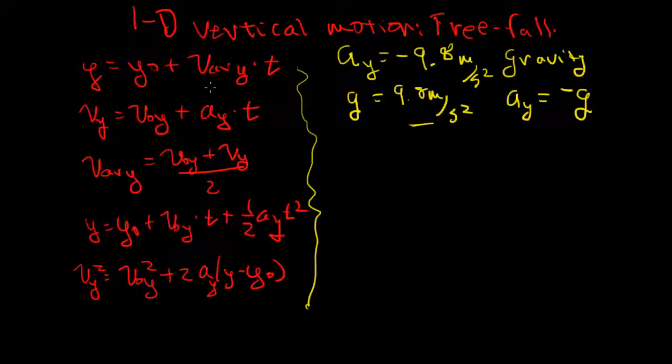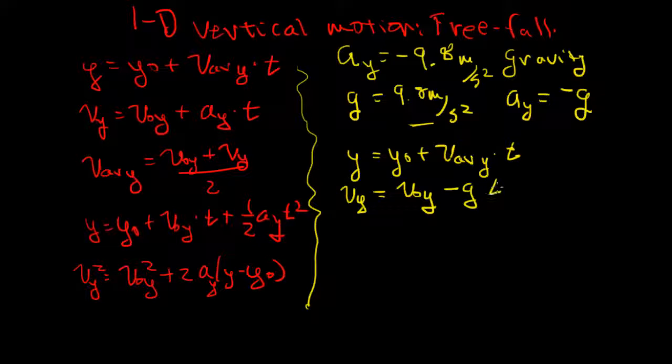And so I'm going to rewrite all of these equations with, instead of a sub y, minus g. The first one doesn't change. I just get y equals y naught plus v average in the y direction times time. I get v sub y is equal to v naught y, and instead of plus a sub y, I have minus g times time, because I replace my a sub y with minus g.